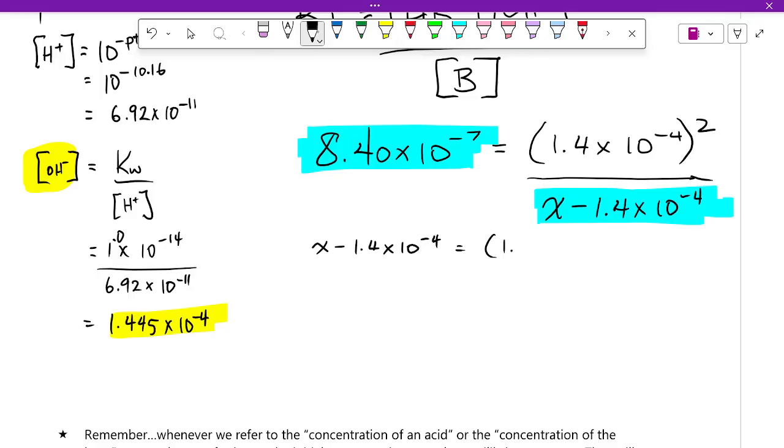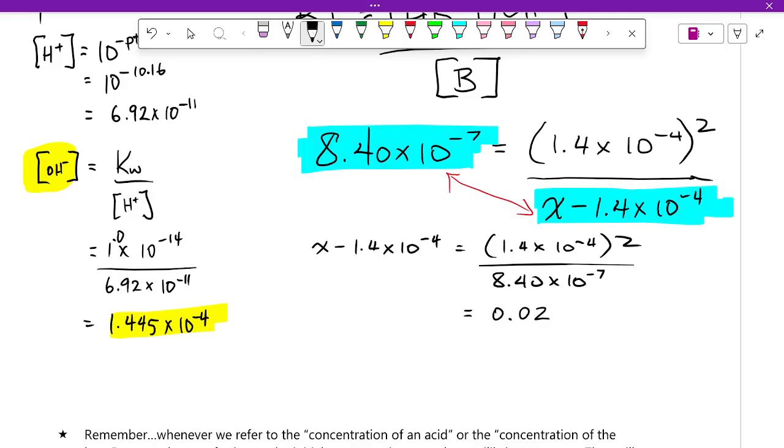We'll keep this here, 1.4 times 10 to the minus 4 squared, and we'll bring our 8.40 times 10 to the minus 7 down here. So 1.4 times 10 to the minus 4, I'm going to square that, and divide it by 8.4 times 10 to the minus 7. And I get 0.02.